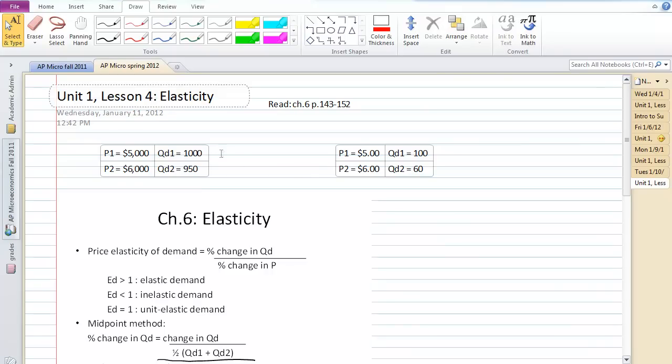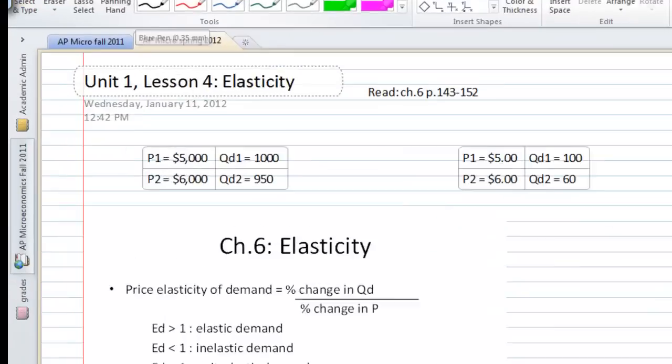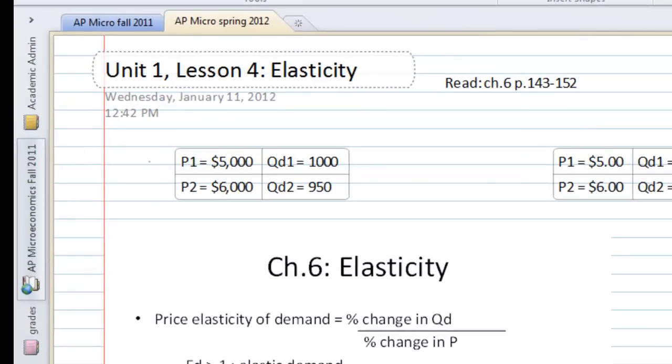So first I've got two numerical examples that just illustrate the stories I was just telling. The one on the left here, what if the price of this good, shown in this table, goes up from $5,000 to $6,000. That's a 20% increase in price. And let's say it's this emergency pet care example.